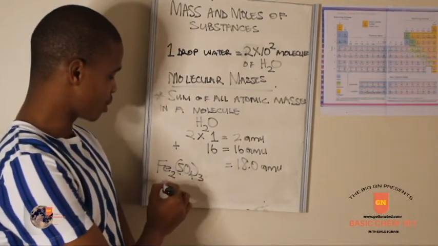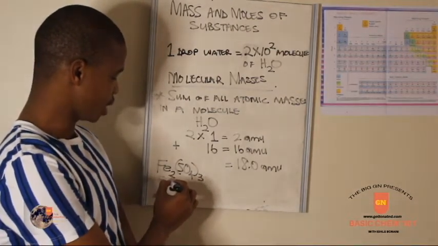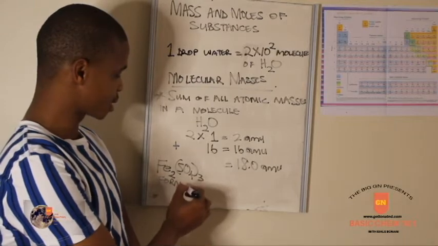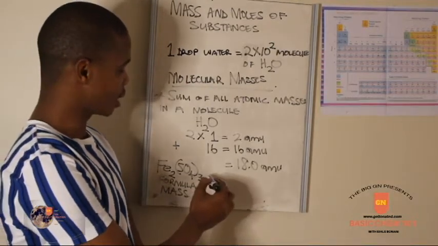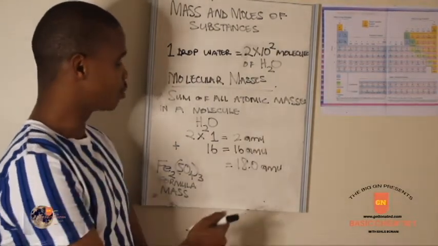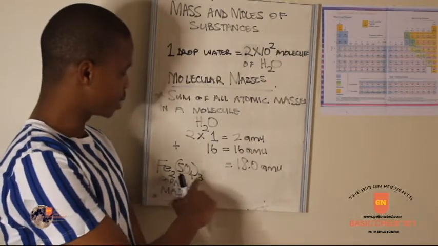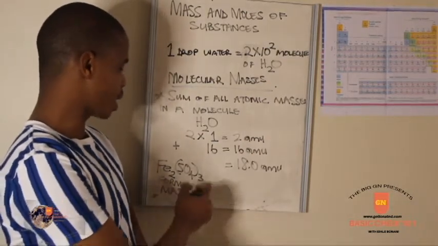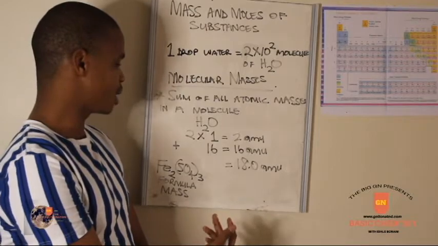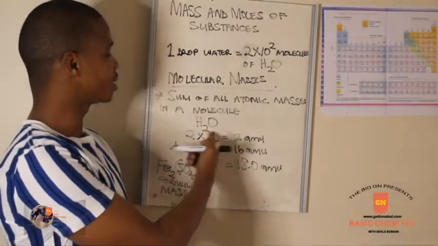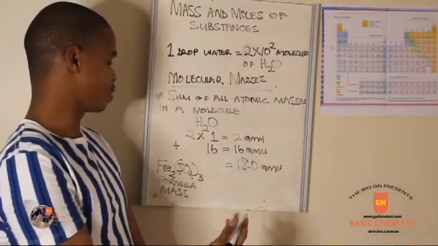So for this one, they will look for what is called a formula mass, which is basically the same thing as your molecular mass. Now, this is not a molecule, so they will ask for a formula mass. They can ask for a formula mass even for H2O, because it is still a formula.